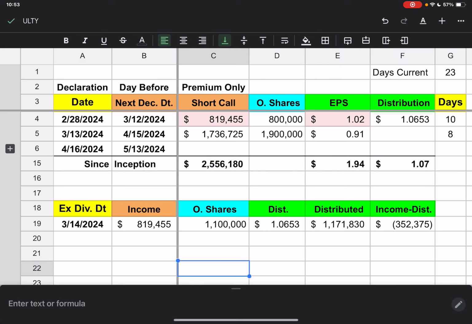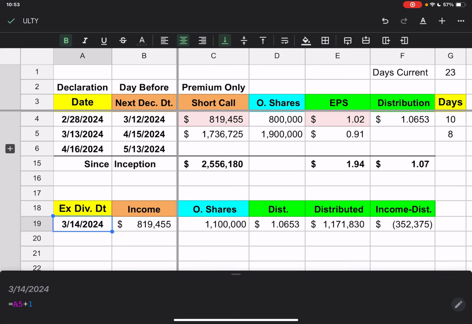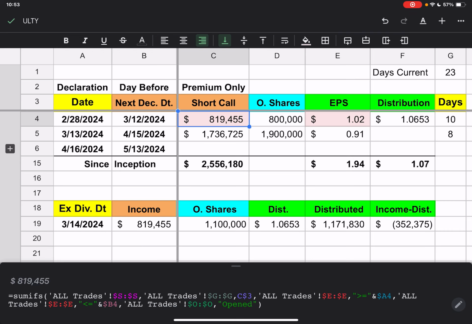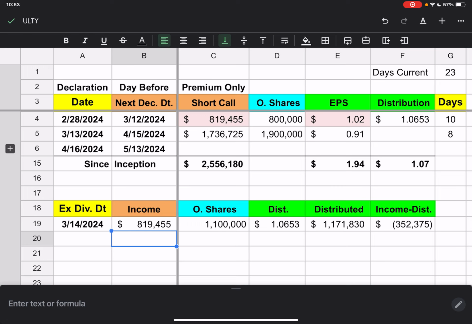But now I've added this at the bottom as a reminder for myself, because our ex-dividend was the 14th. And our income here was, we have it up here at the top in C4, meaning right here. So that just equals that.